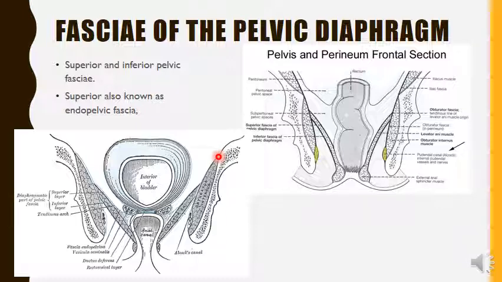It is stretching towards the ischial spine. Then posteriorly it continues with the fascia over the piriformis and the anterior sacrococcygeal ligament.